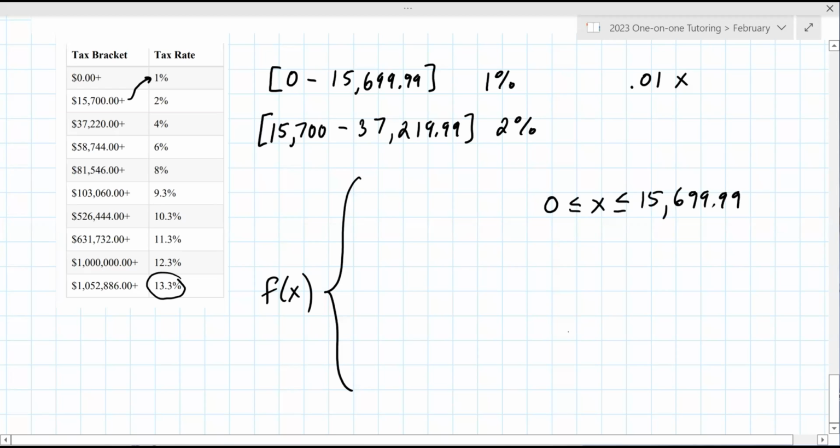And then for the next one is if you make $15,700 all the way up to $37,219.99. Now we've got to come up with the function. We kind of did for the first one. The first one is 0.01x.